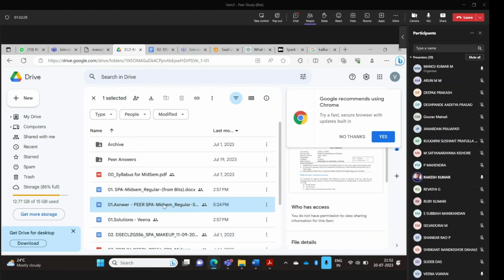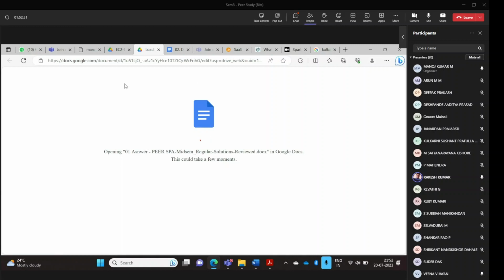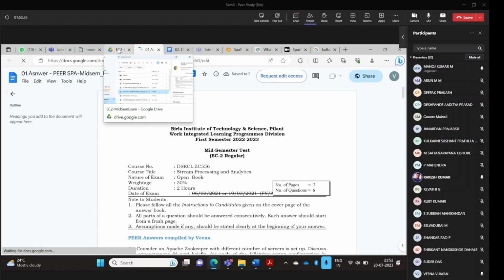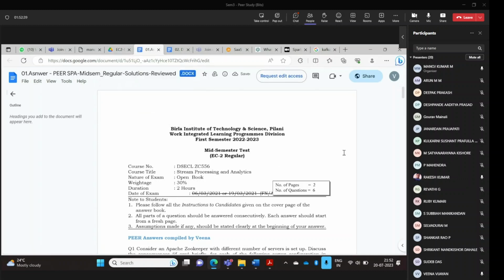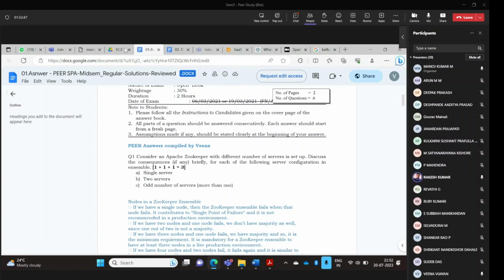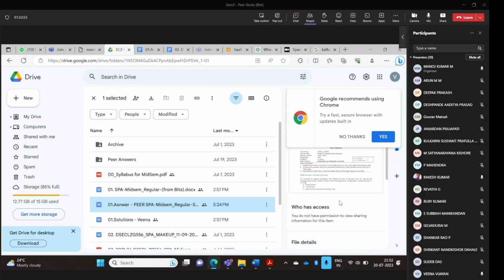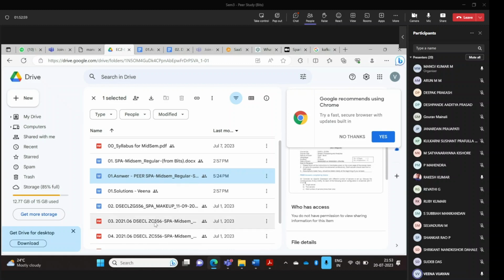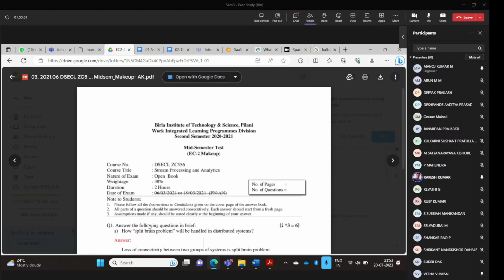Apache Zookeeper they have done, Kafka, MongoDB, Cassandra. That's it. Apache Spark, Flink, everything will come after this, in the next session, session 9. So it seems like this is a comprehensive paper. I took it from the Whatsapp group only, but some of it seems comprehensive. Yeah, this is mid-semester only.